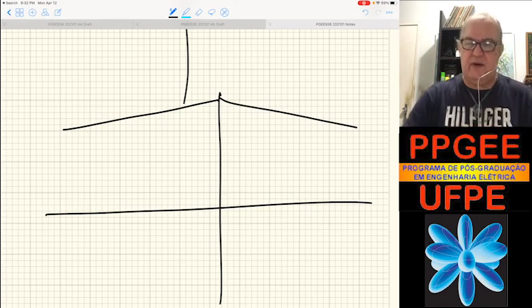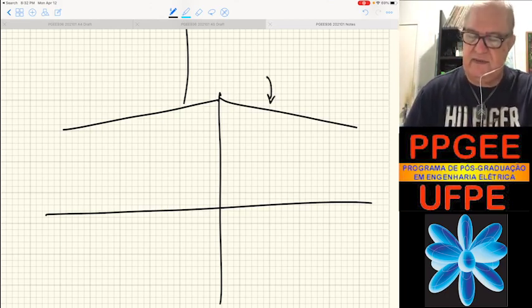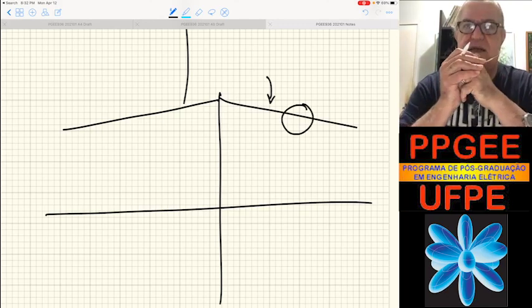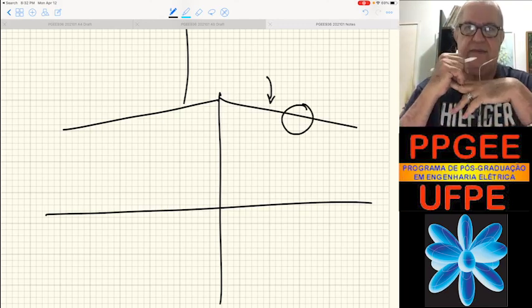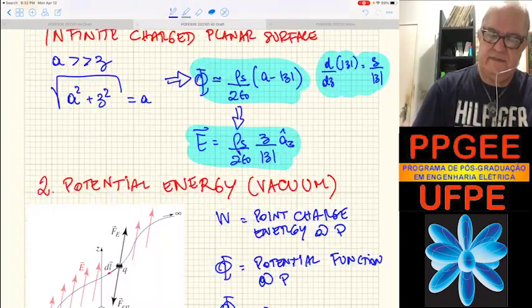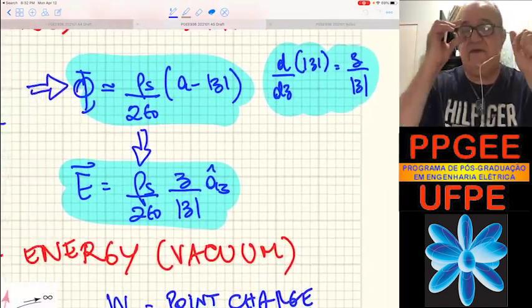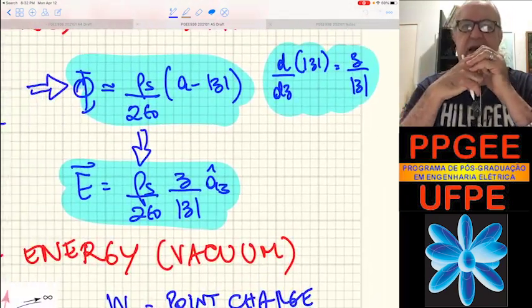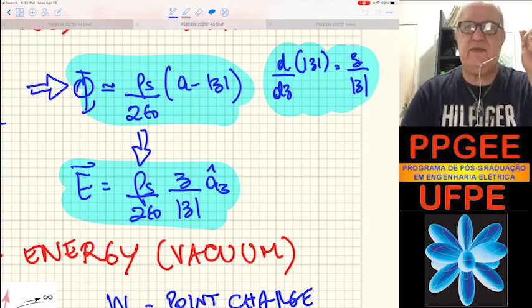But what is important is how the potential varies with z. That varies linearly on either side of the plane, of the surface, right? So by doing this, you can determine what is the field of an infinitely large plane. Well, calculate the E field on the z-axis.